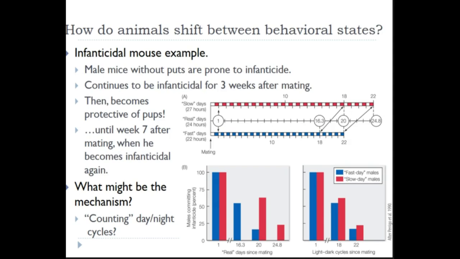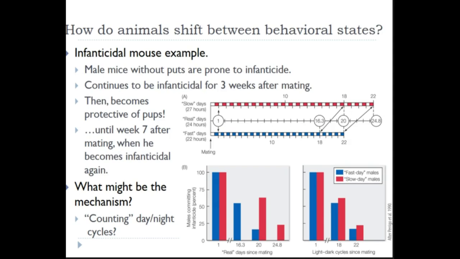And this made sense when I was looking at it. We've got fast day males committing infanticide more often. That should be backwards. I wonder if the figure is wrong. Am I missing something here? I don't know what's going on with this one.